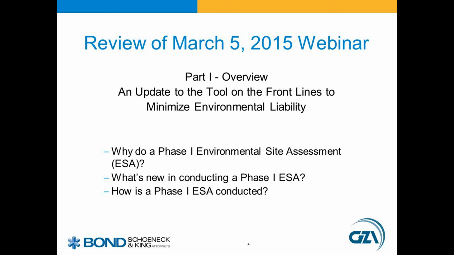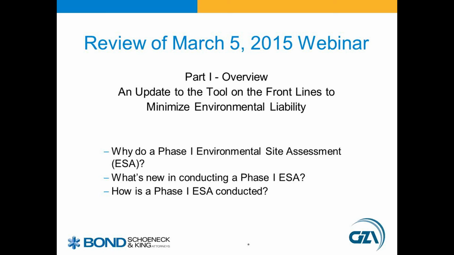What's new in conducting a Phase 1 ESA is that ASTM updated its Phase 1 ESA method with ASTM E1527-13. This update was initially offered as an alternative to the existing ASTM method, but in June 2014, EPA proposed to delete the option of using the earlier method.